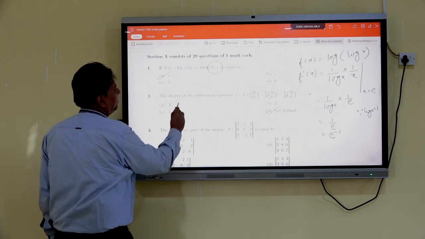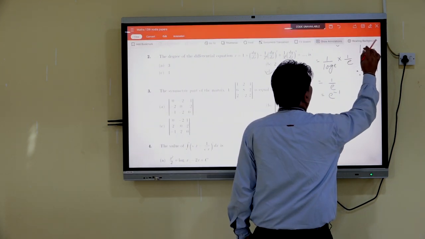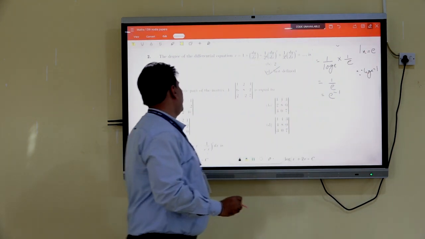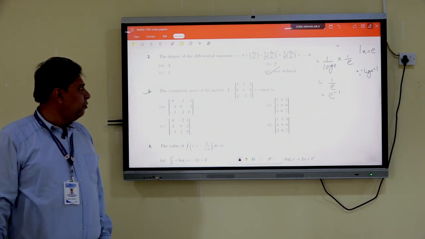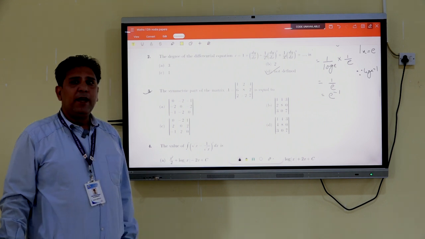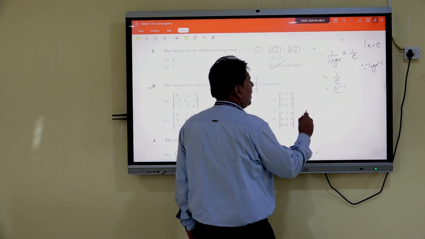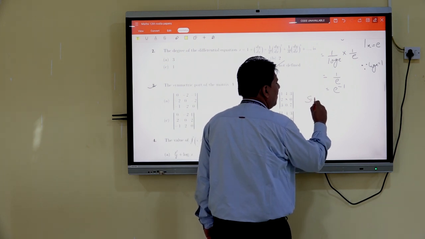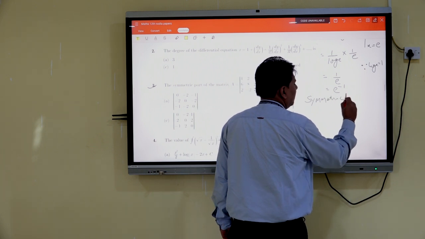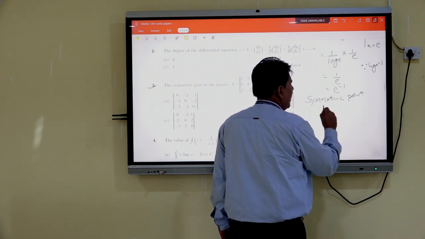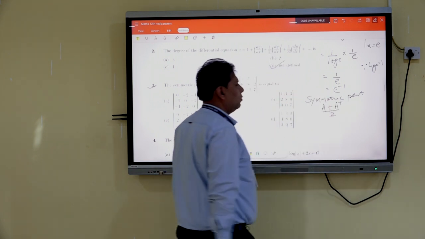Let's go to the next question. The symmetric part of the matrix [1, 2, 4; 6, 8, 2; 2, minus 2, 7]. The formula for finding out the symmetric part is A plus A transpose divided by 2, right?